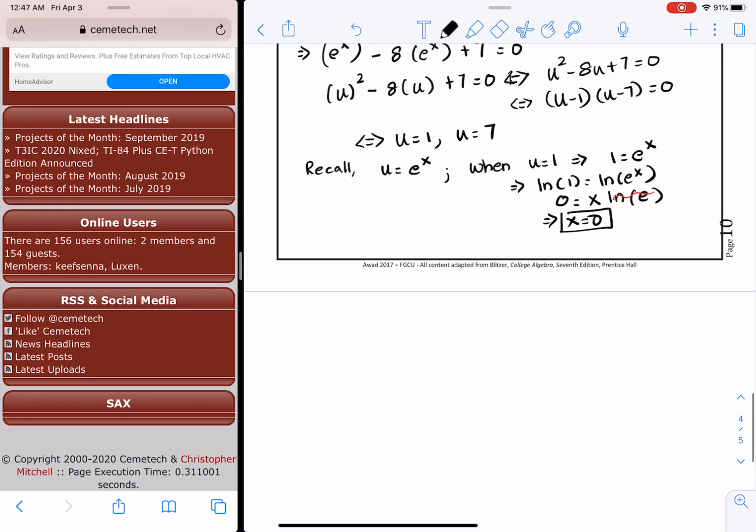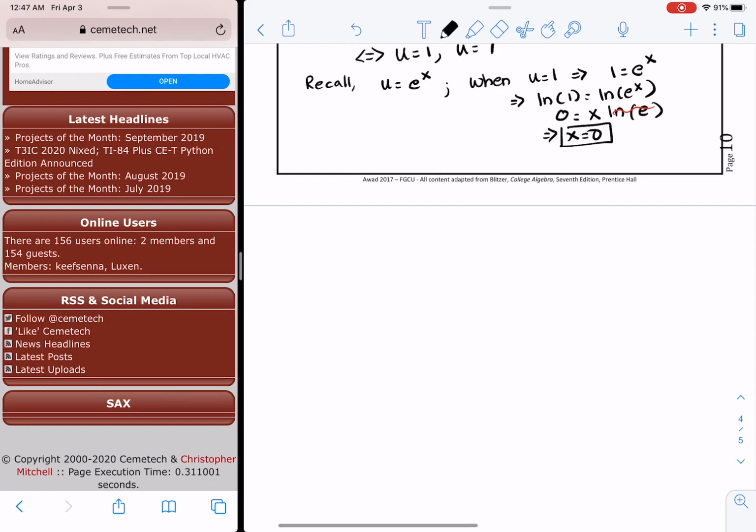Now, when u is equal to 7, we have 7 equals e raised to x because our substitution is u equal to e raised to x. So 7 would equal e raised to x.